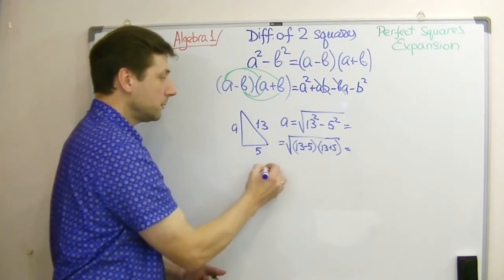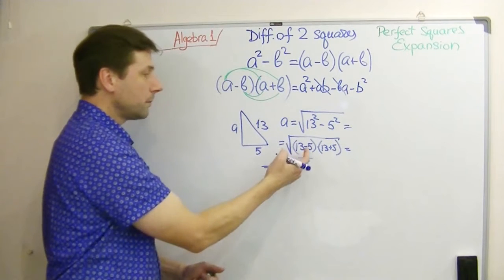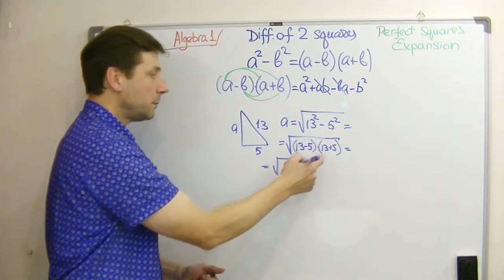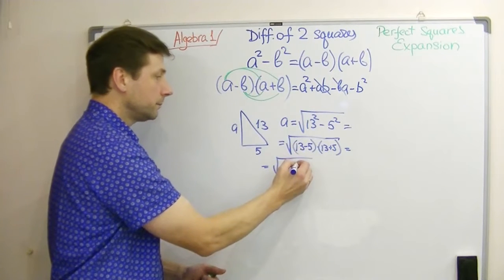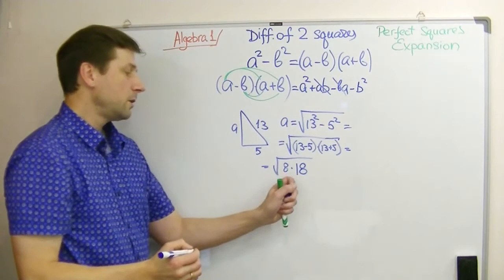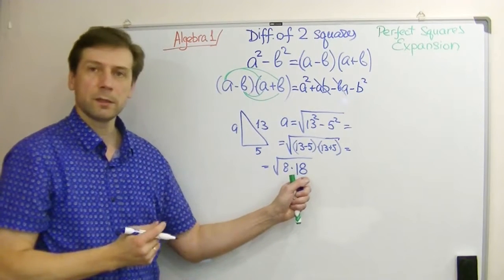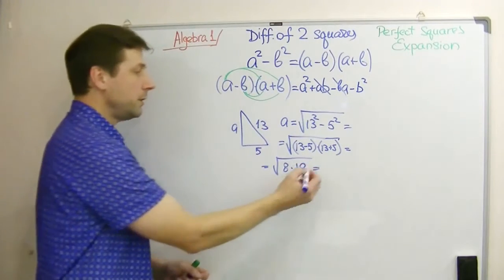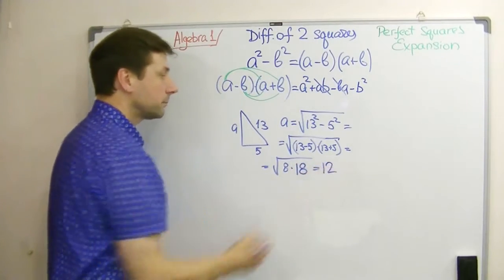If so, it equals 8 multiplied by 18, right? 8 multiplied by 18 is 144, and the square root of 144 is 12.